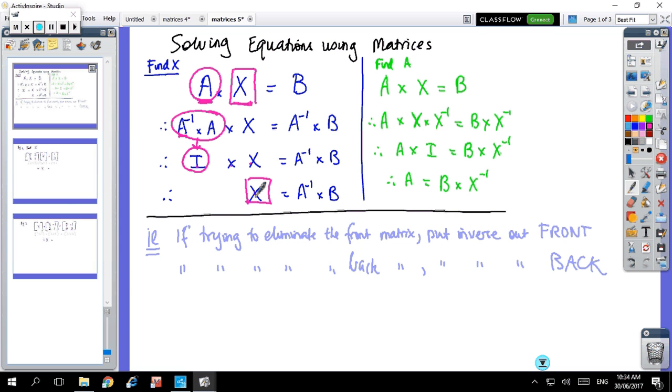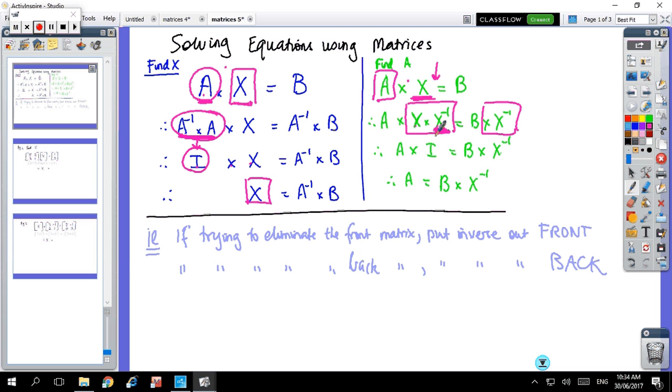But if you note the position in the first one, to eliminate A, I've got to put the inverse alongside it, and the inverse will go out the front of it because there's no space between the A and the X. In the second one, I'm going to try to find A, which means I've got to eliminate X. So to eliminate X, I put the inverse alongside it, and I can't put it in between, I put it at the back. And if I've put the inverse at the back on the left, I have to put the inverse at the back on the right.